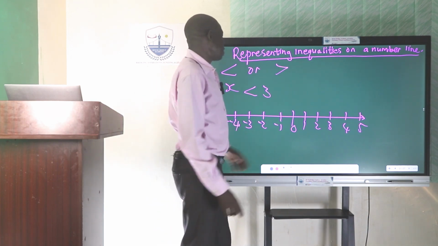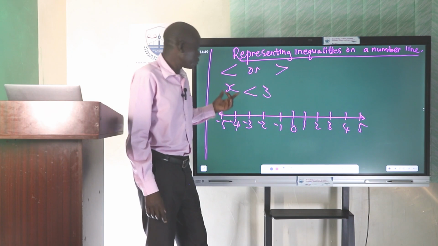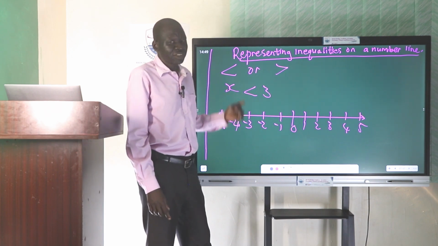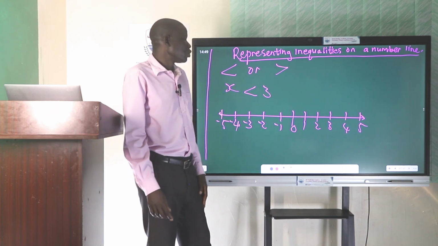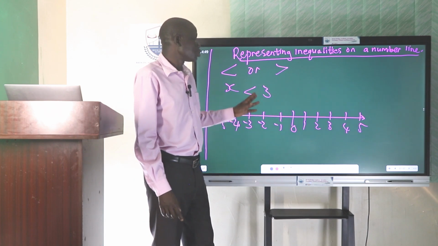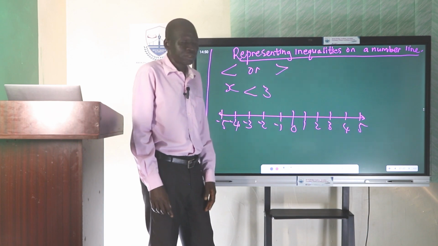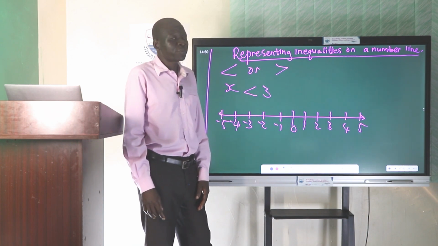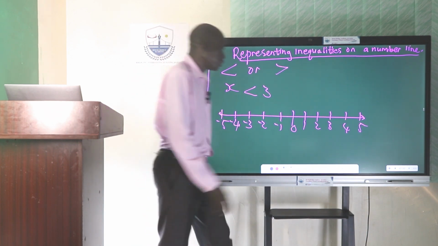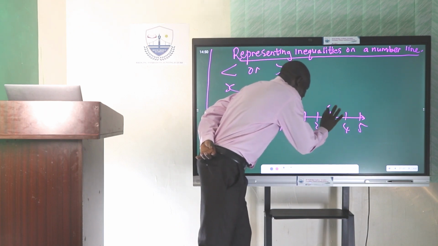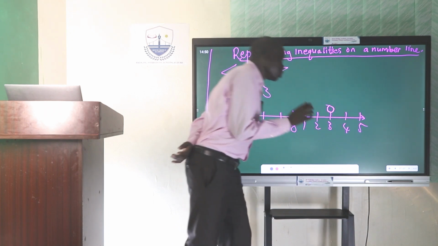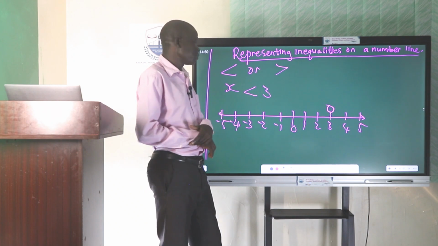So when you are representing x is less than 3, we simply look for where 3 is on the number line. Then we draw an open circle on 3.